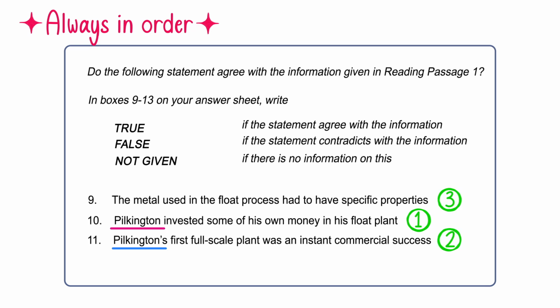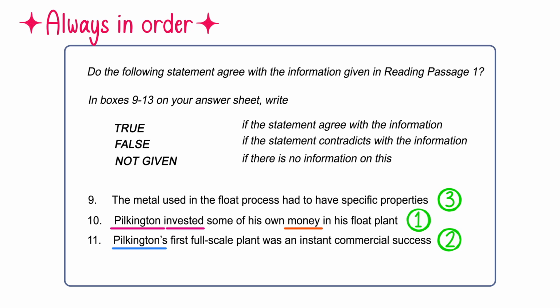All right. So in the text, first of all, we have to find Pilkington. And number 10, invested. Because it is related to money, we have to find something that is related to money. If the word invested is not repeated in the text, we have to find synonym language. All right. And also money. Invested some of his own money in his float plant.